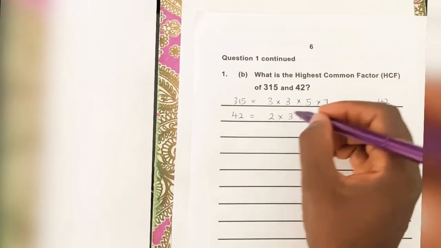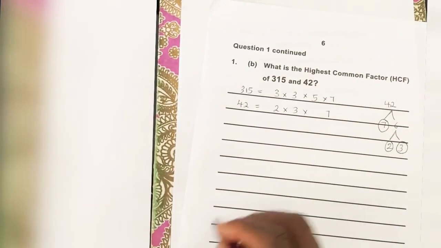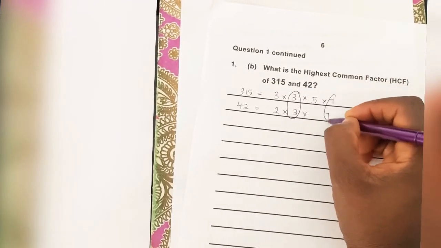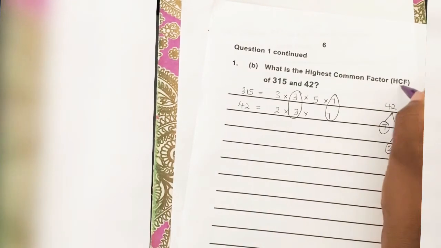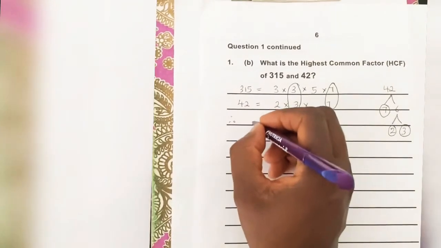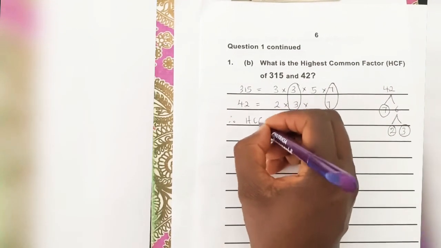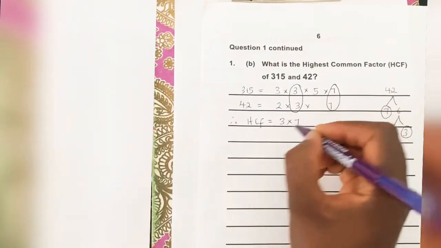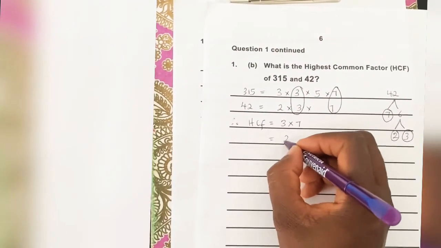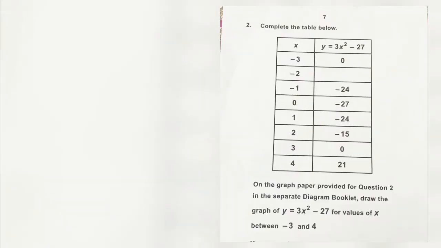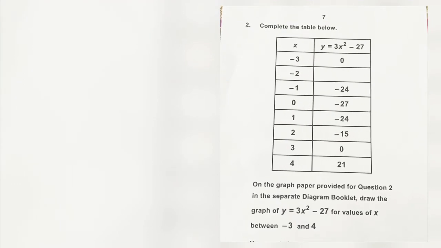We want to take the common factors, the common ones, because we're looking for the HCF. Therefore, HCF is equal to 3 times 7, and that would be equal to 21. That is a 2 marks question. Now question 2 has 2 parts to it.